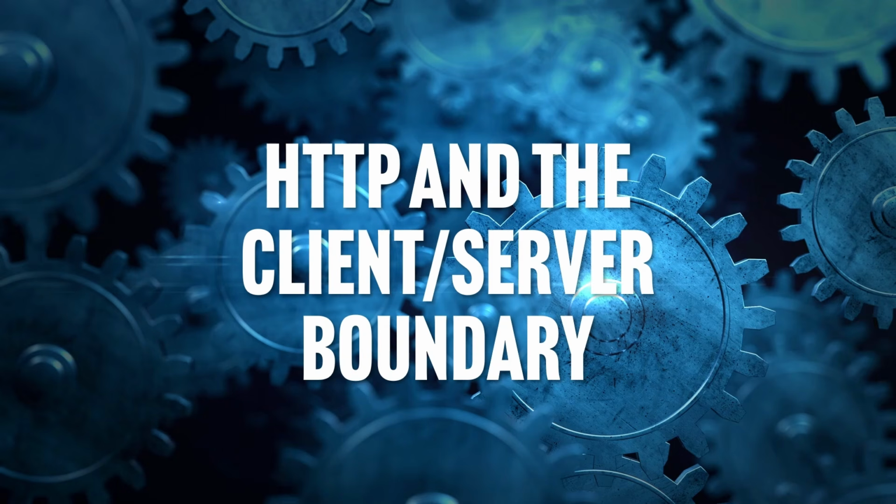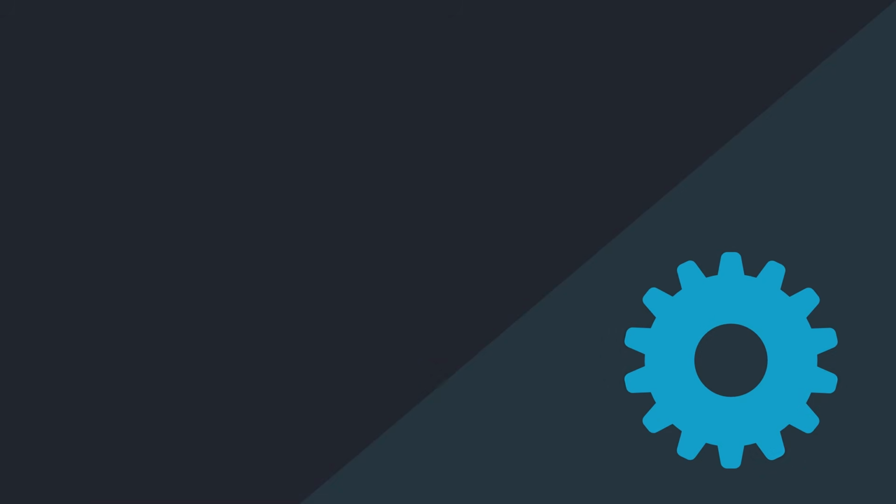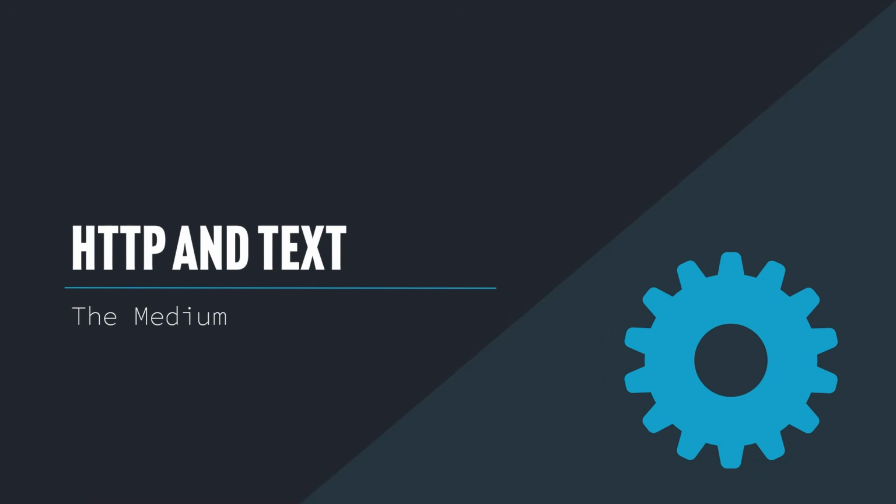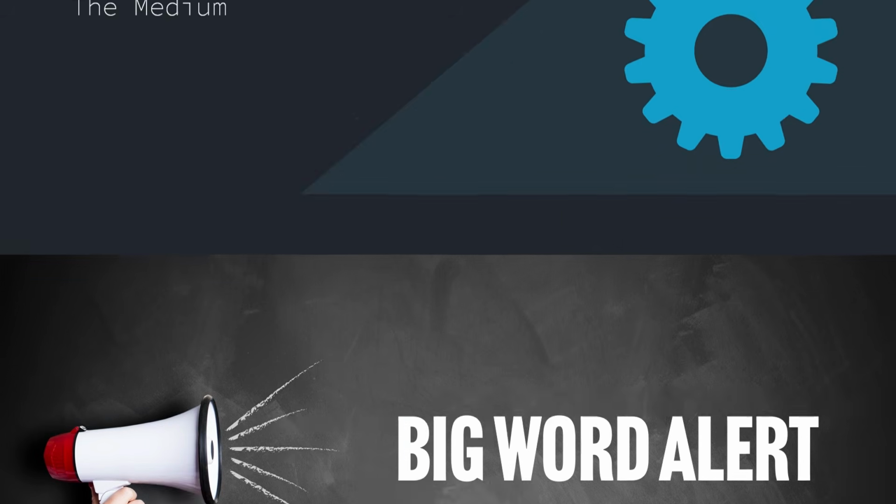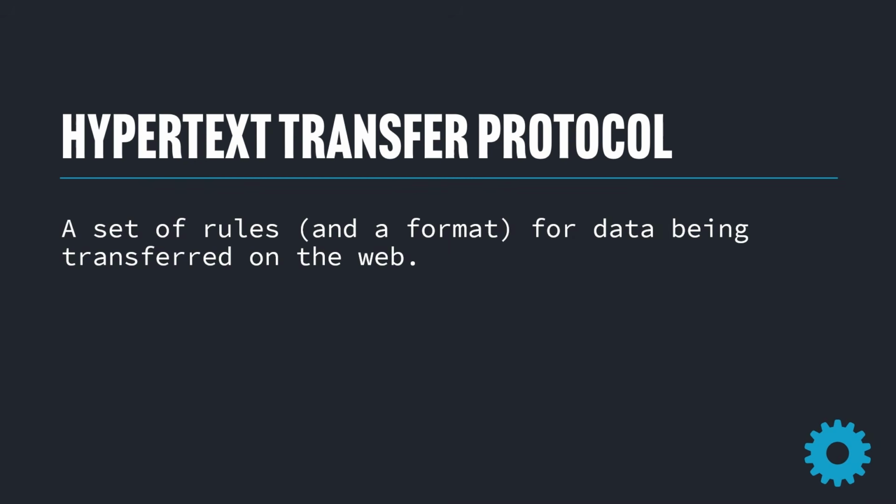So first, let's get our foundation under us for this core concept. When we talk about HTTP, we're really talking essentially about sending text back and forth between a server and a client on the internet. So what do we mean by HTTP? Well, big word alert. Hypertext Transfer Protocol.